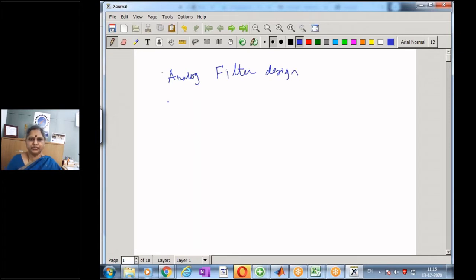In the previous module, we saw the design of Butterworth filters, the analog Butterworth filters. What we saw was, given the order of the filter, how to compute the system transfer function H of S, and from H of S how to get the impulse response, the step response, and the frequency response.